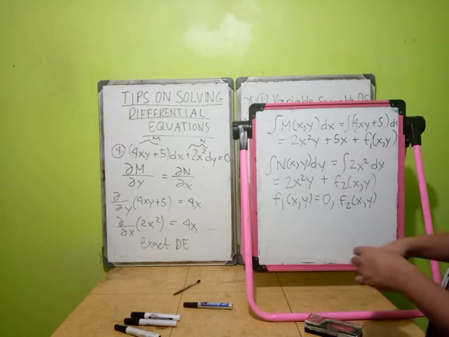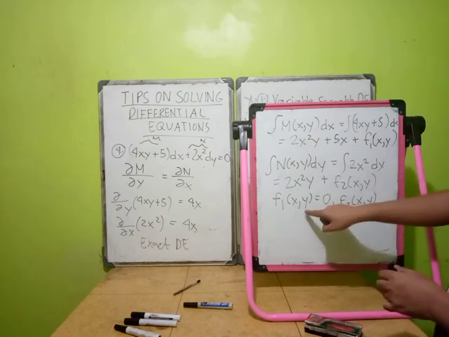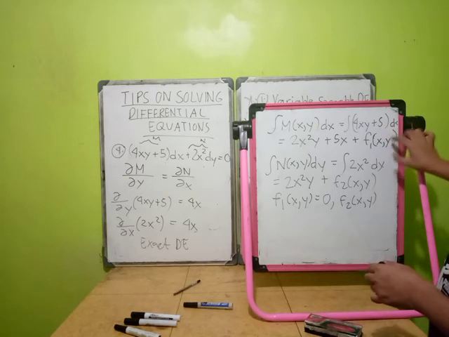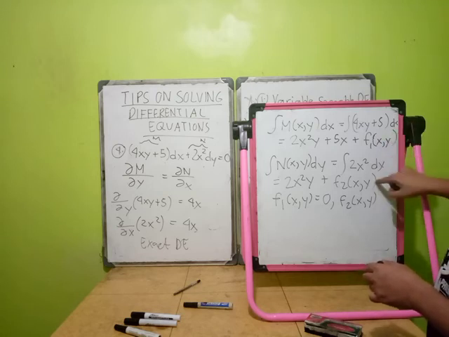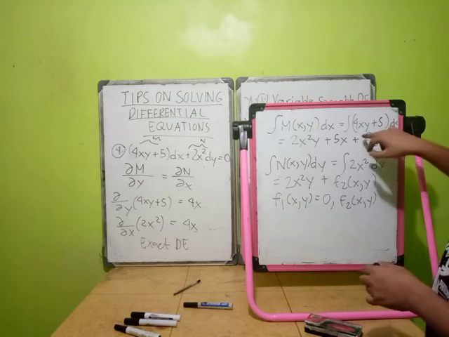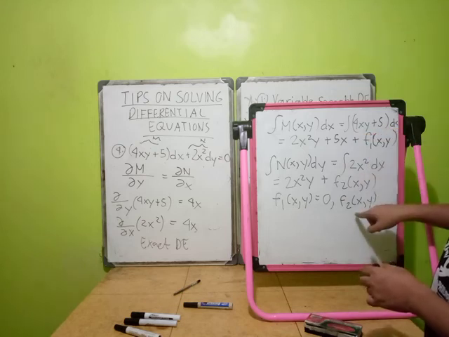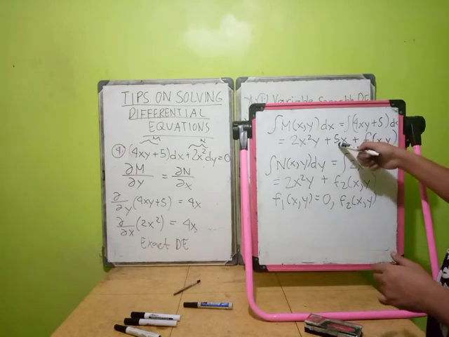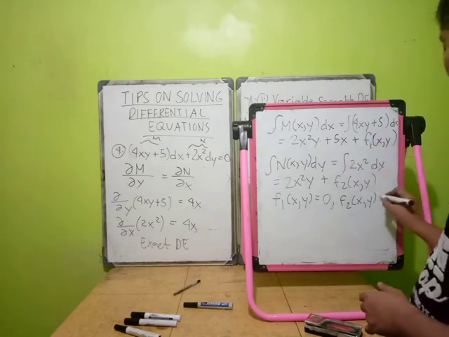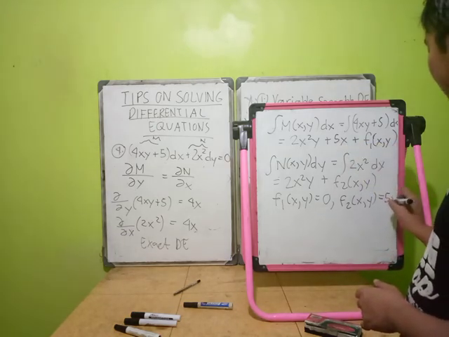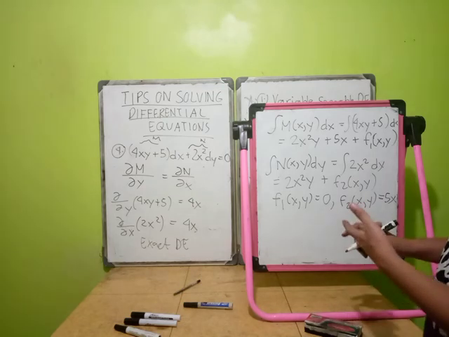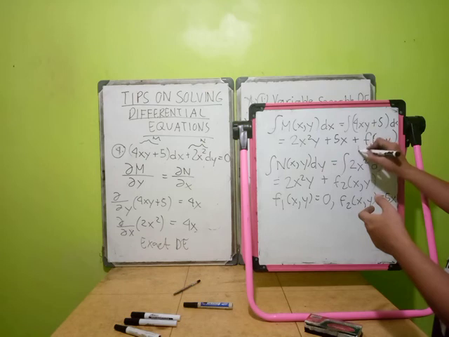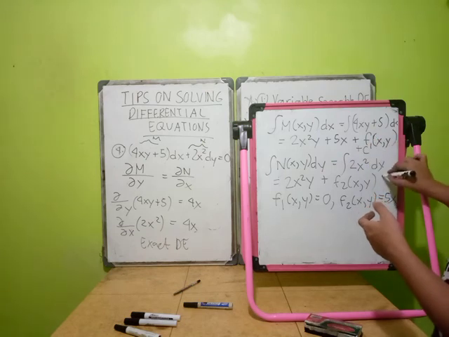Just like the other way around, okay? Dito kay f2 of x, may nag-i-exist dito na 5x dun sa kabila. So, equivalent siya kay 5x. Yan. So, the other way around is i-equal nyo na lang. So, dapat may plus c to, plus c dito.